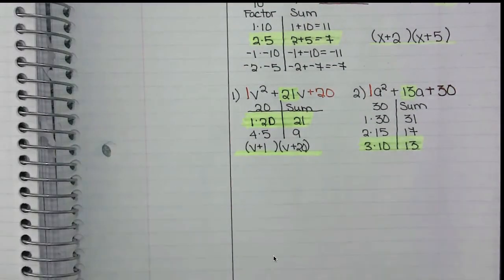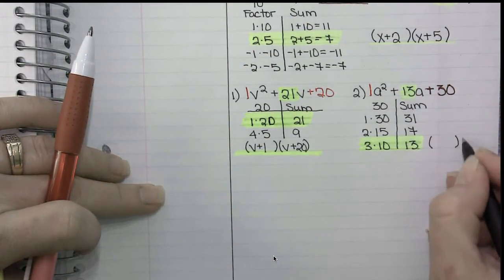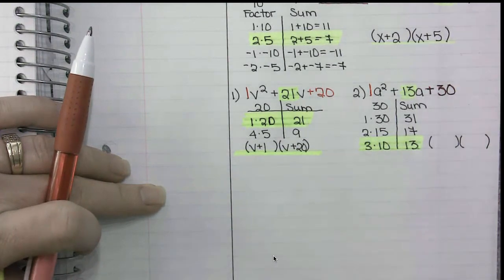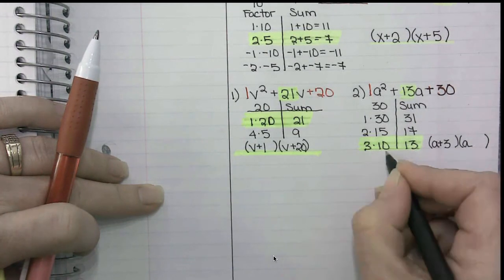So I'm going to write my parentheses for my binomials, and I'm going to have a plus 3 times a plus 10.